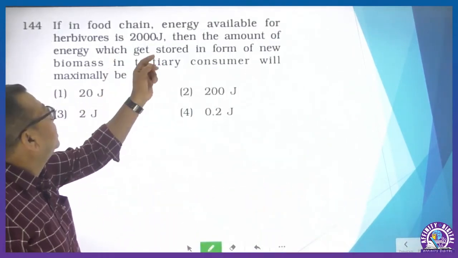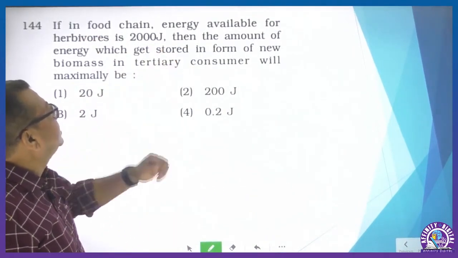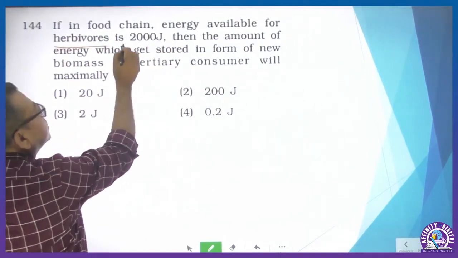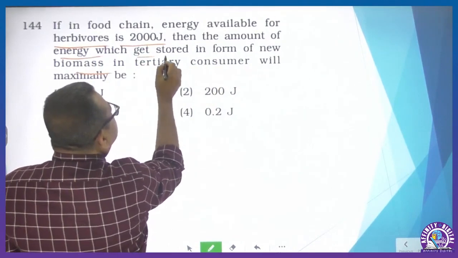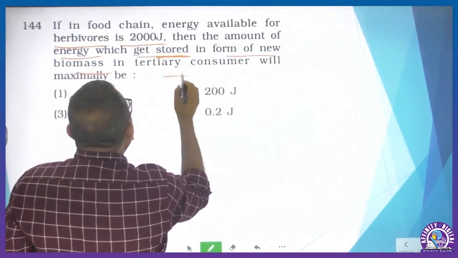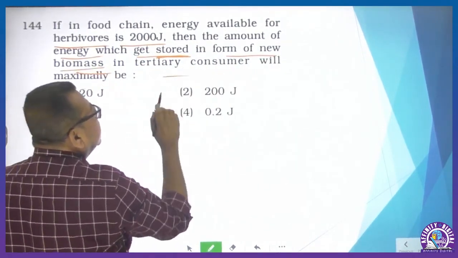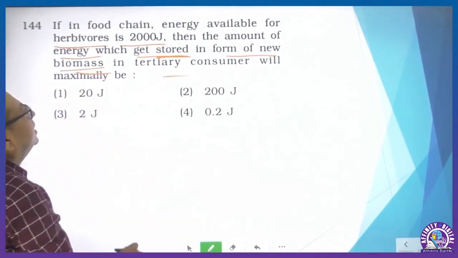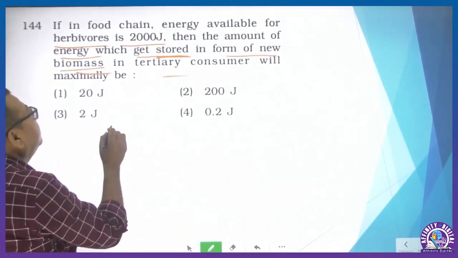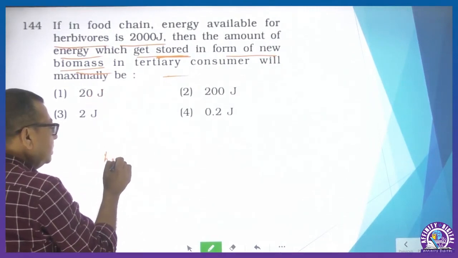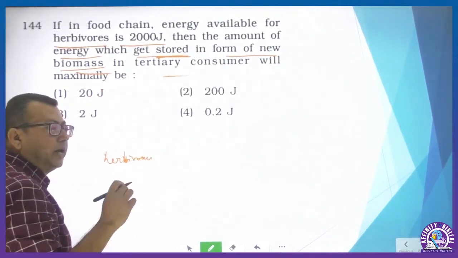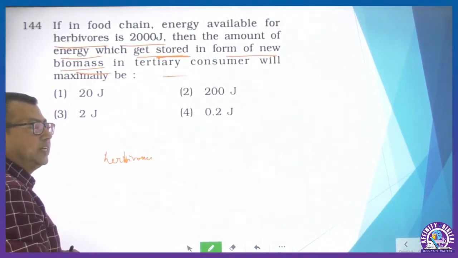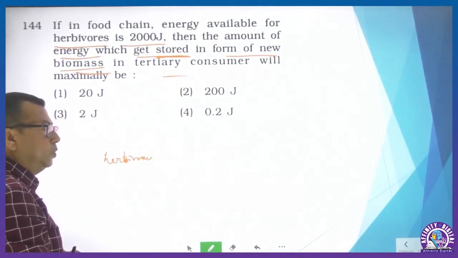In a food chain, energy available to the herbivores is 2000 joule. Then the amount of energy stored in the form of new biomass in a tertiary consumer is maximally? See, herbivores are primary consumers. This is a question on the ecosystem chapter, on the 10% energy transfer law, as you know.